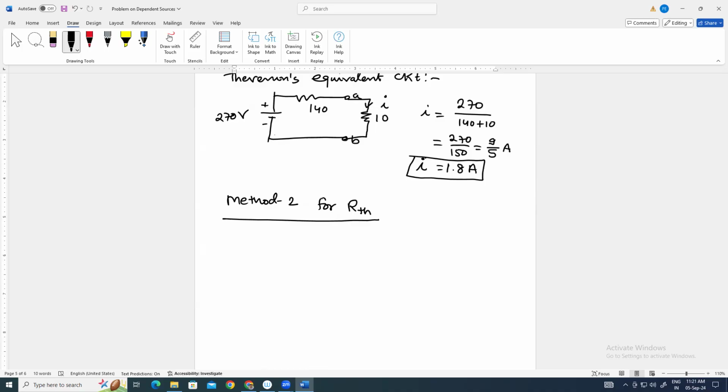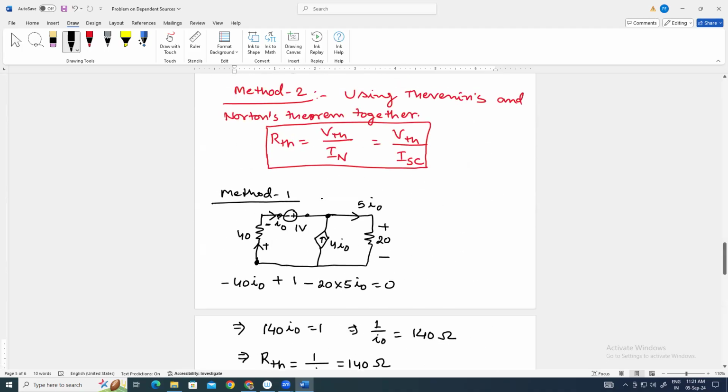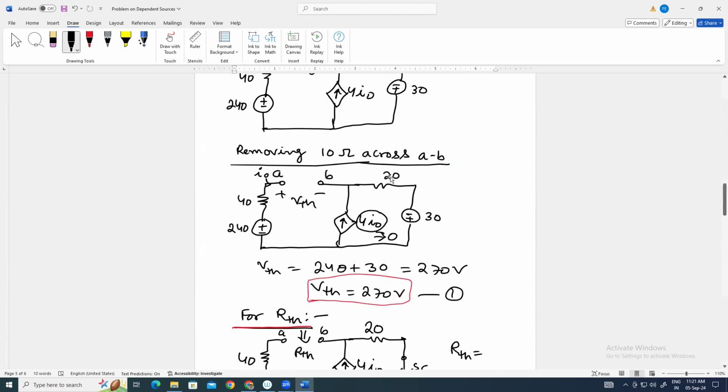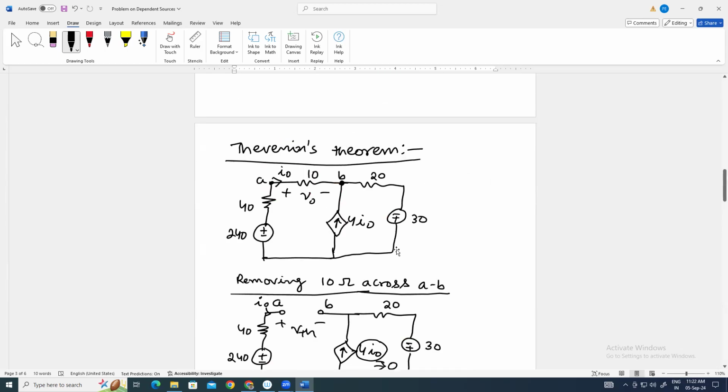So in the same circuit that we have taken with independent sources, by removing this 10 ohm, we will replace it by a short circuit. We will just connect a simple wire between AB terminals, and the rest of the elements will remain as they are.